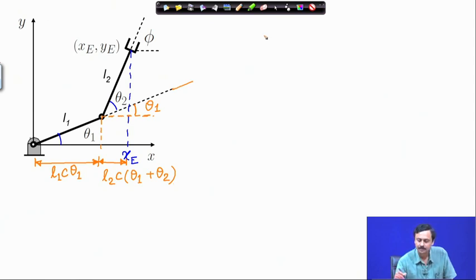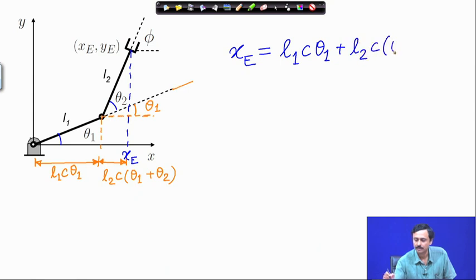So, therefore, our x e is L1 cosine theta 1 plus L2 cosine of theta 1 plus theta 2, that is x e.